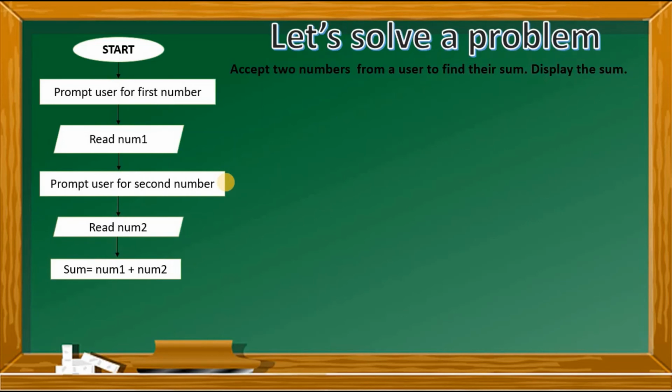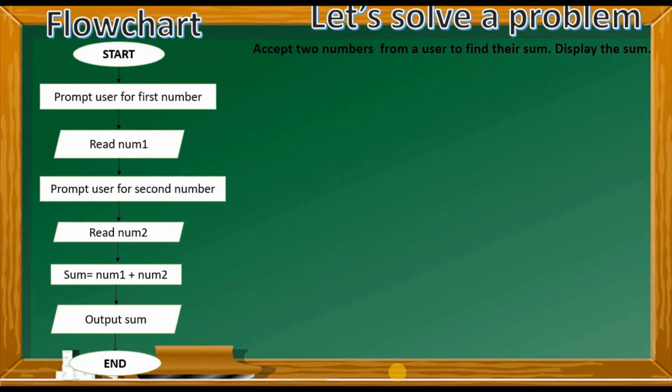So we are now finding the sum of the 2 numbers, and then from here, we were expected to output the sum so that the user can see what the final value is. And the output sum was done, and finally we have completed our problem solving stage. So we have solved the problem, so we can proceed to end.